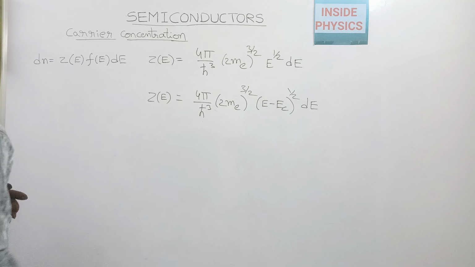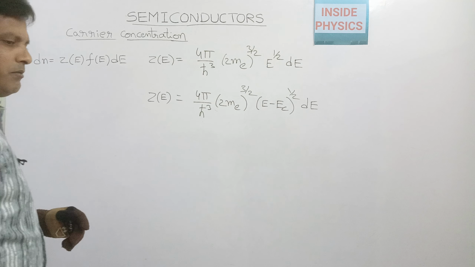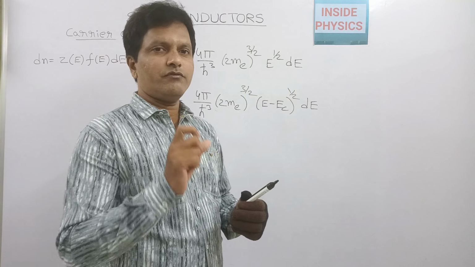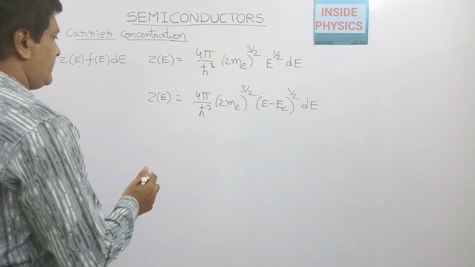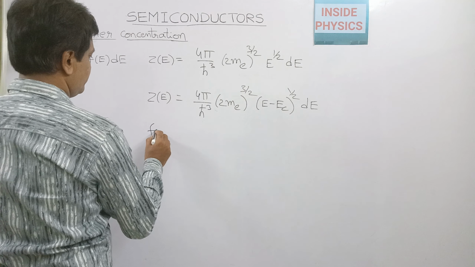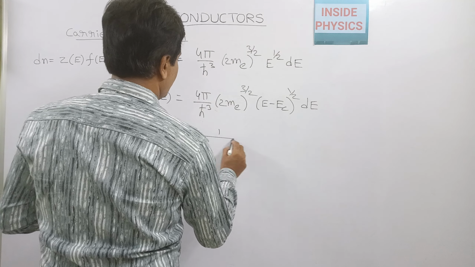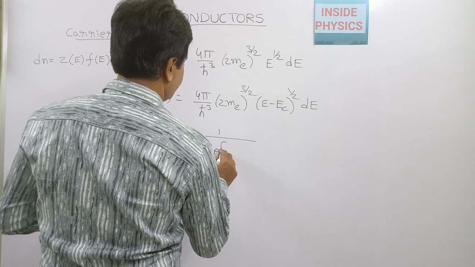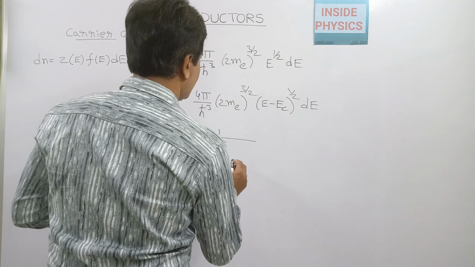We already got the mathematical form for Z(E), and now the probability function of finding an electron in the conduction band can be written as f(E) equals 1 by exponential form.